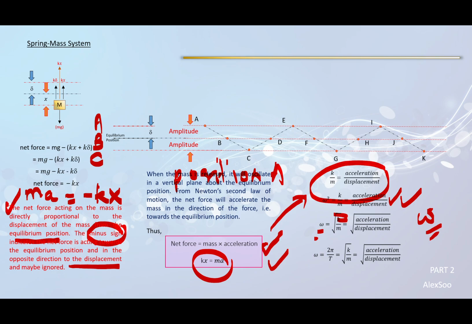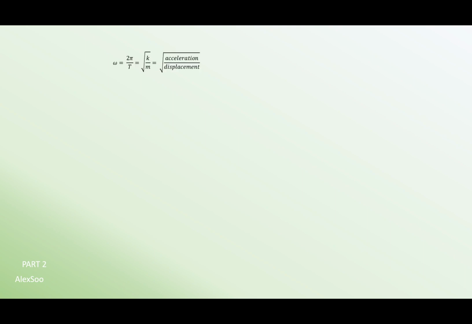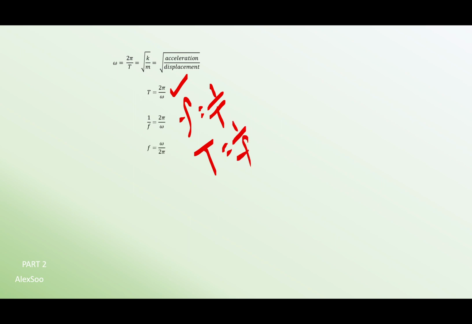And also we know that circular frequency is equal to 2 pi divided by its periodic time, so omega equals 2 pi over T, and the periodic time T is equal to 2 pi over omega. Frequency is equal to 1 over periodic time, and also periodic time is the reciprocal of frequency. So we have frequency equal to omega over 2 pi.